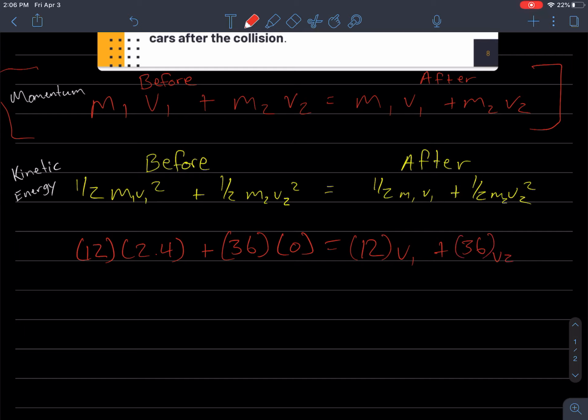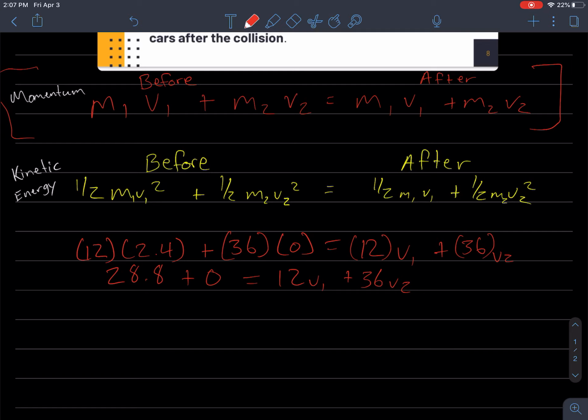All right, so our next step is just solve from what we have here. So 12 times 2.4, we're going to get 28.8 plus 0, because 36 times 0 is 0. And this is going to equal 12 times velocity 1 plus 36 times velocity 2. Okay, a couple things already, right?